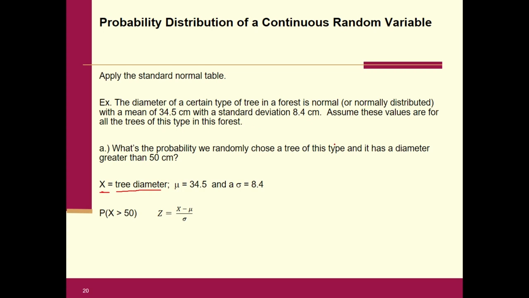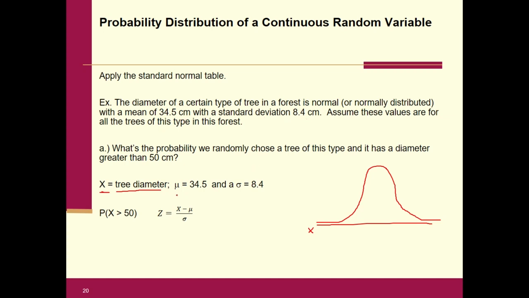And it's normal. That means if we put all these tree diameters into a histogram, it should turn out to be a nice bell-shaped curve with all the characteristics of a normal distribution. So here's x. Let's keep on reading. This is with a mean of 34.5 centimeters and a standard deviation of 8.4 centimeters.